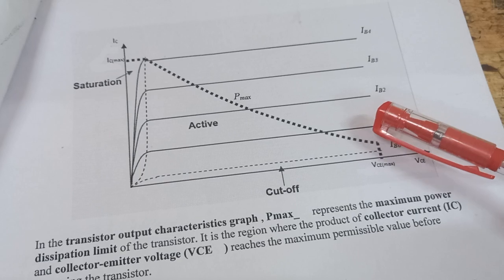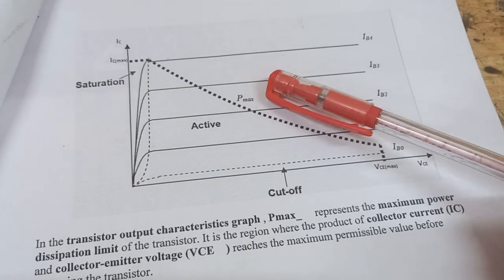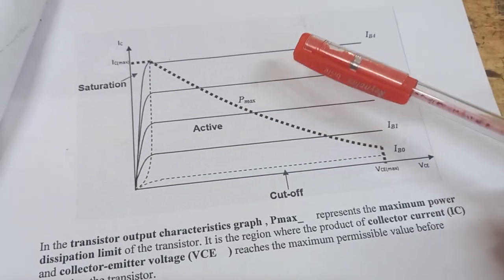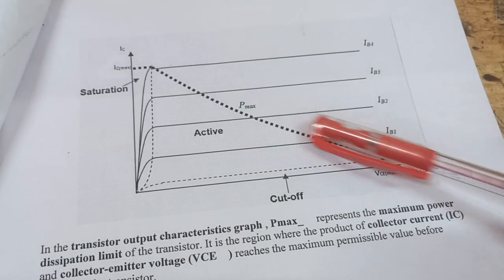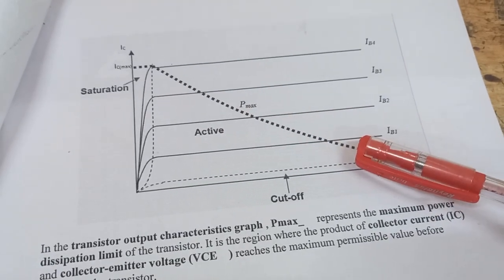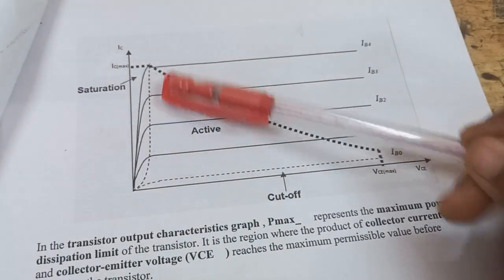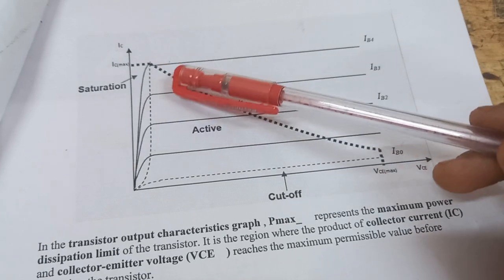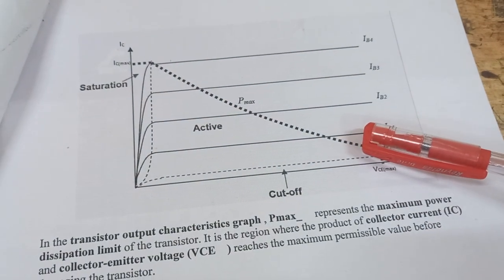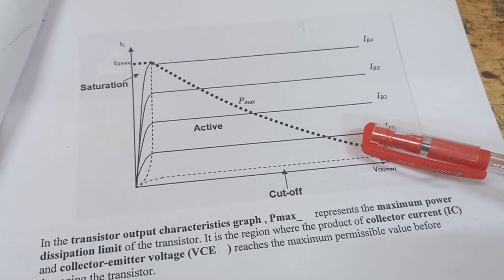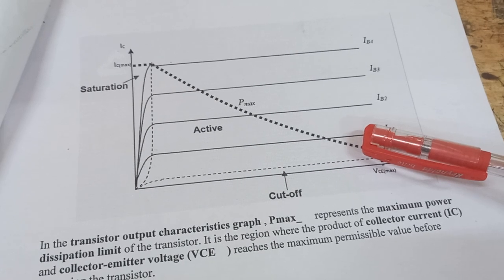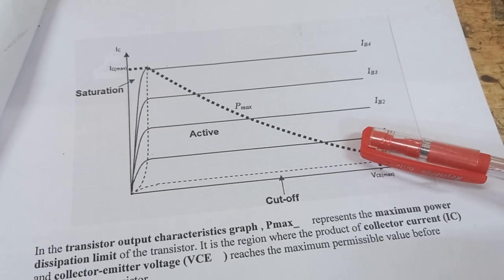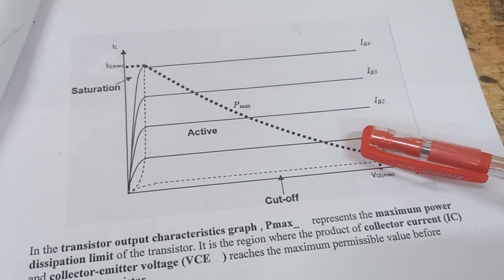The P max is always marked in the active region, following the downward slope of this dashed line. It separates the safe operating point from the damage zone. From here to here, you can make the transistor work in the active region and act as an amplifier. This is a safe region and there is no damage to the transistor.